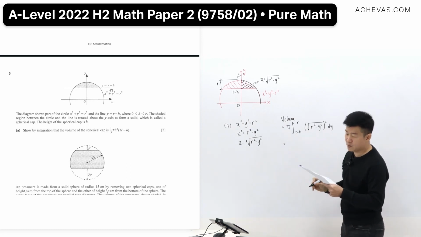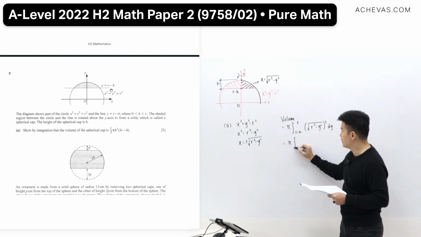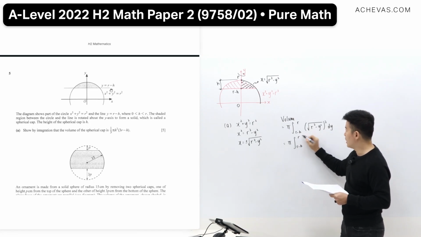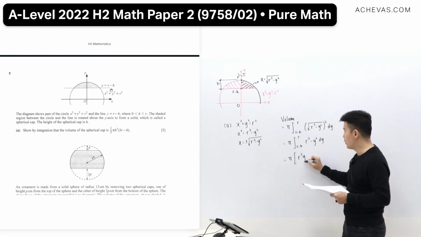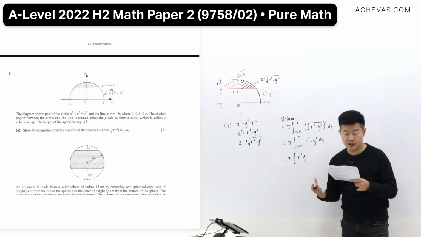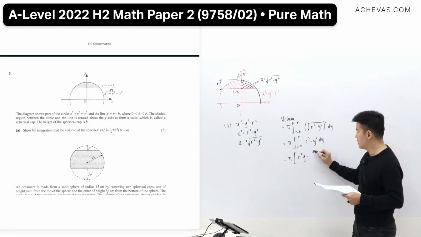We are rotating this with respect to the y-axis. So we have a pi integration of r minus h to r, square root squared. I'm going to be left with r squared minus y squared dy. So integrating this is going to be r squared y. R squared is just a constant, so it is integrating a constant, r squared y minus y to the power 3 over 3.